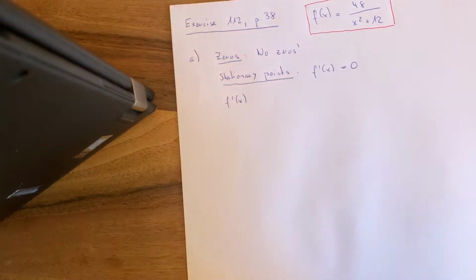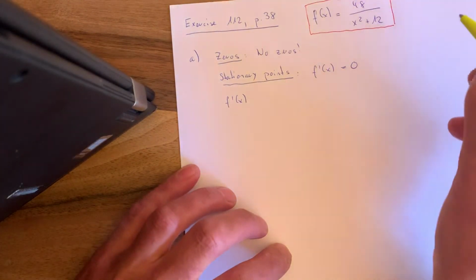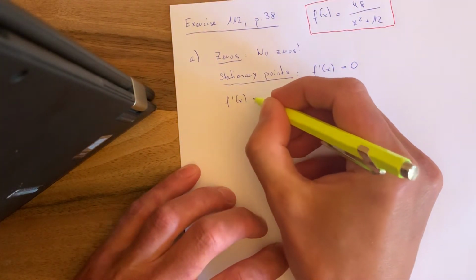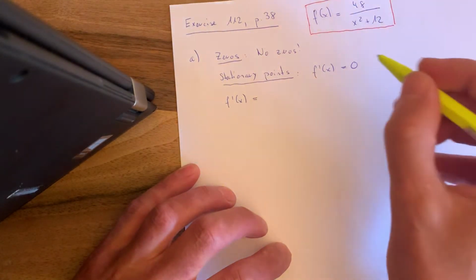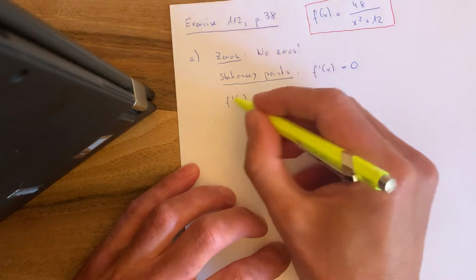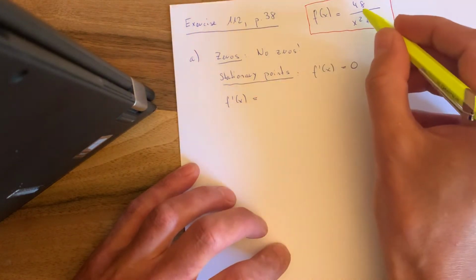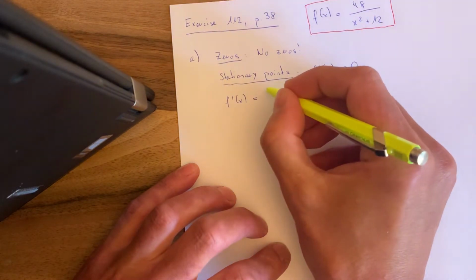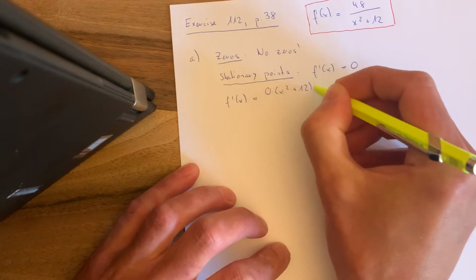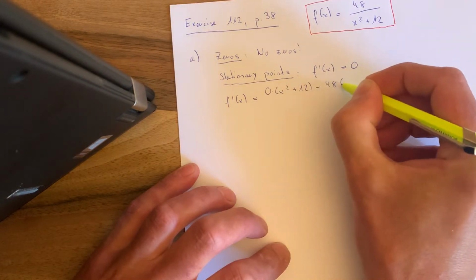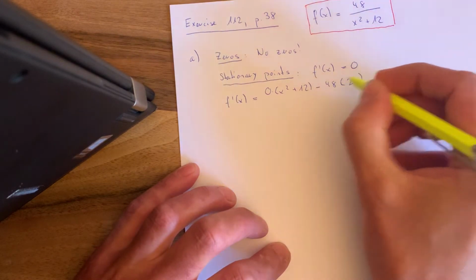Let's see. Well, the function here is defined by a fraction, so we are going to apply the quotient rule to get the derivative of this fraction. So here it is. First, we take the derivative of the upper part. The upper part is 48, which is a constant, so this is 0, times the lower part, minus the upper part, times the derivative of the lower part, which is 2 times x.